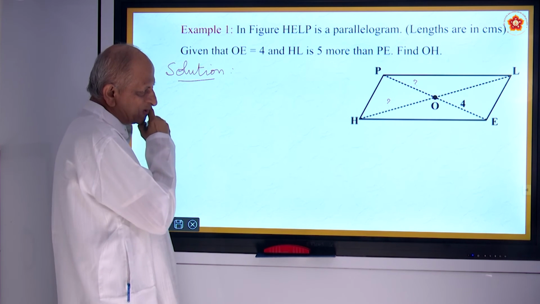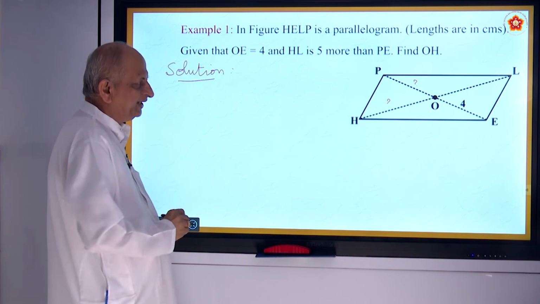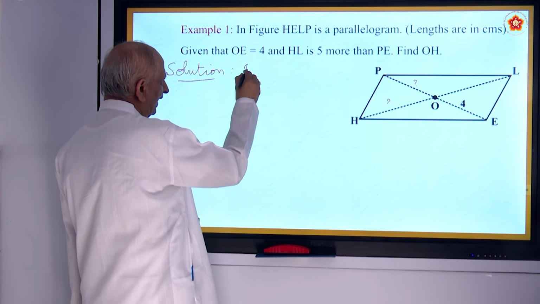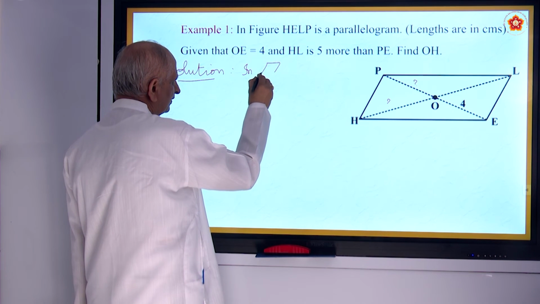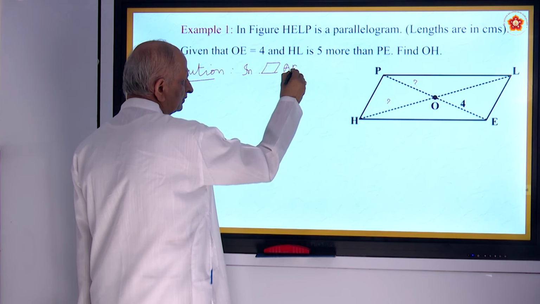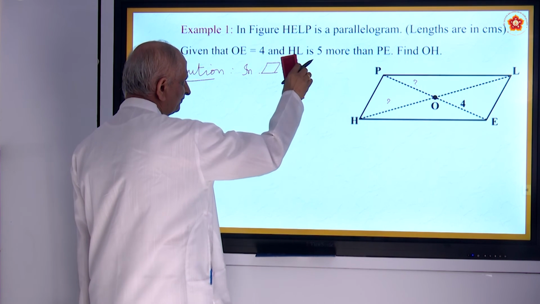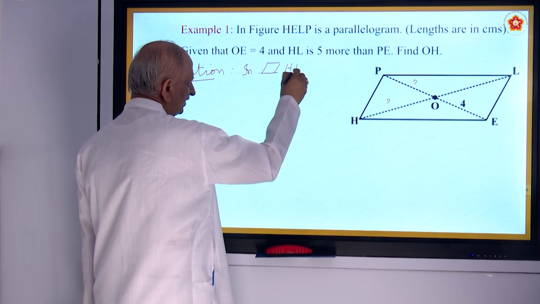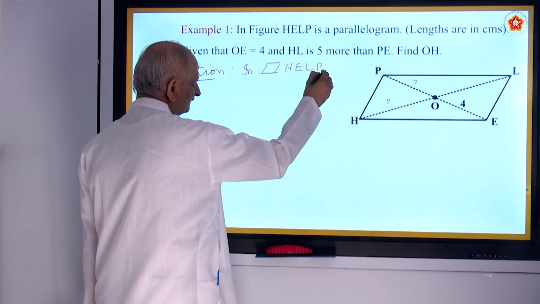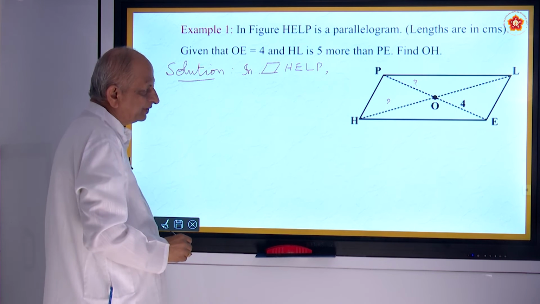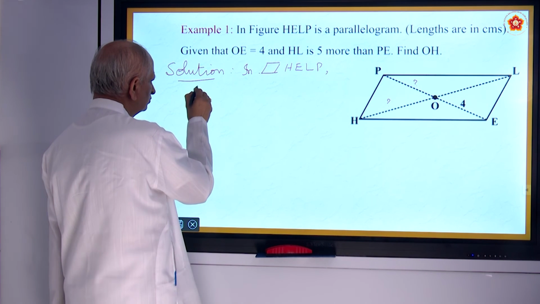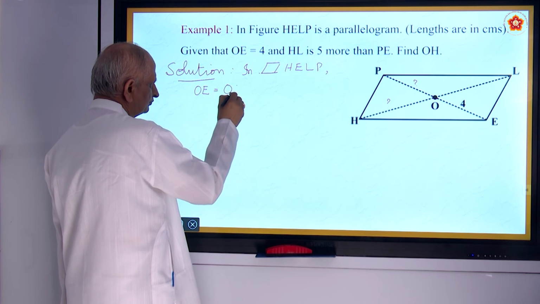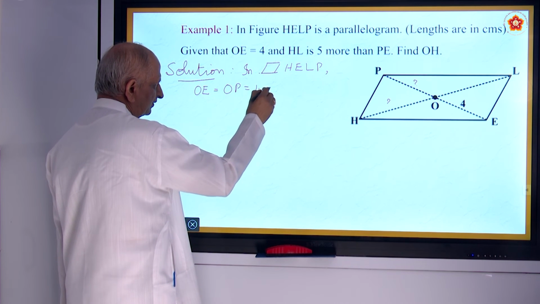Come on. We just now studied that the diagonals of a parallelogram bisect each other, correct? So in parallelogram HELP, you are given that OE is equal to OP is equal to 4 centimeters.